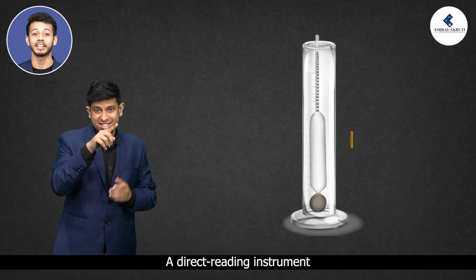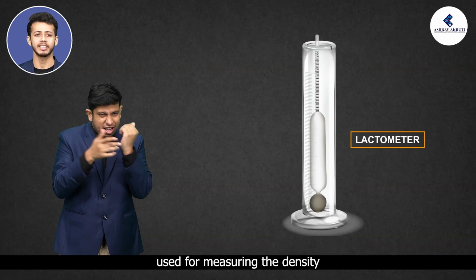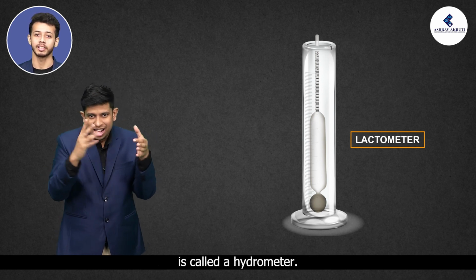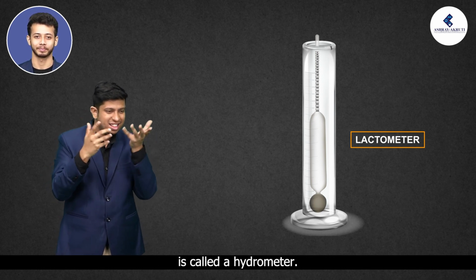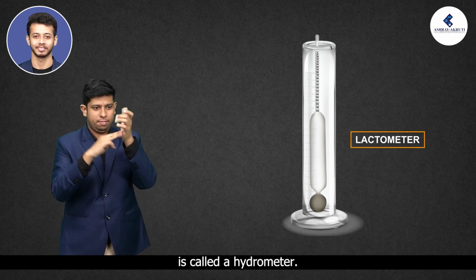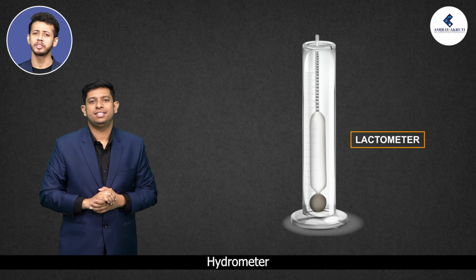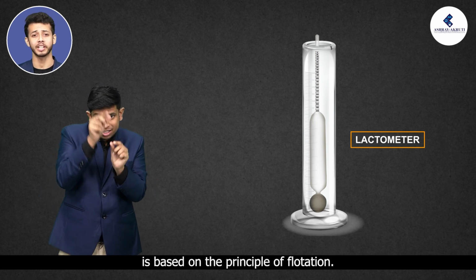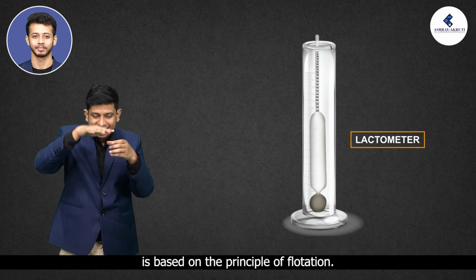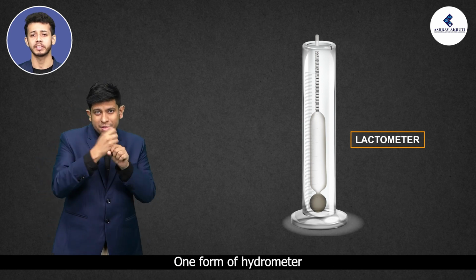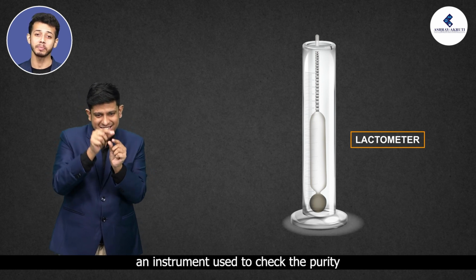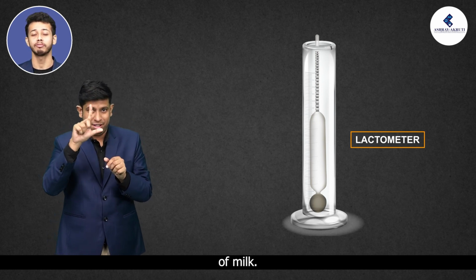A direct reading instrument used for measuring the density or relative density of a liquid is called a hydrometer. Hydrometer is based on the principle of flotation. One form of hydrometer is a lactometer, an instrument used to check the purity of milk.